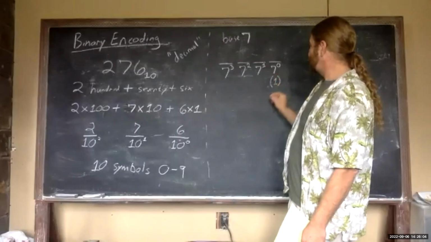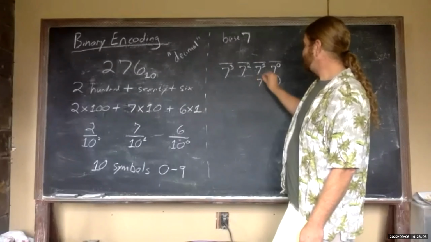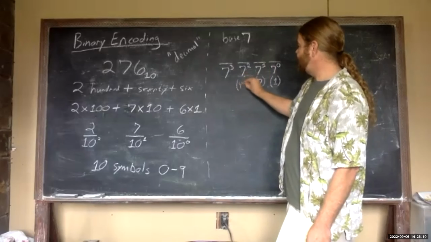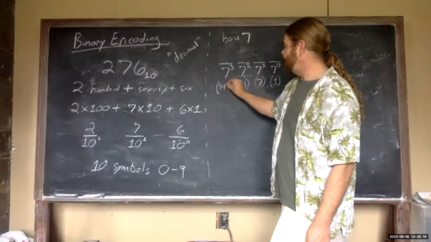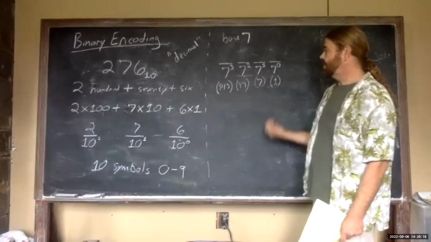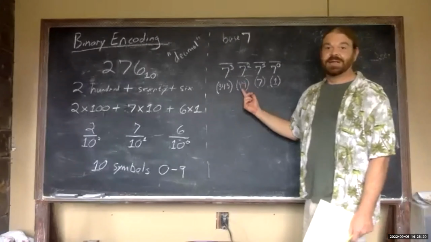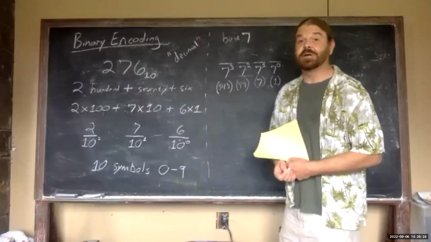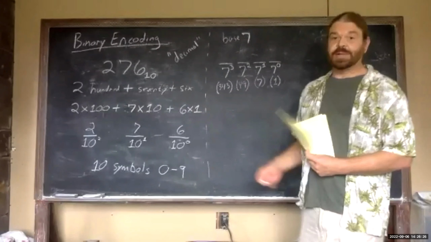So we have a 1s column, we have a 7s column, 7 squared is 49, or a 49s column, and 7 cubed is 343. Sometimes what seems like extra steps is actually quicker, right? And that's what I did there.